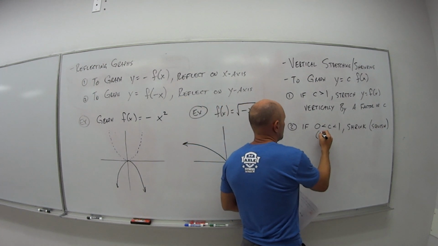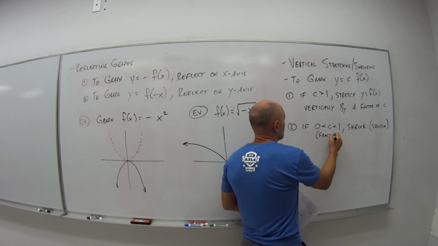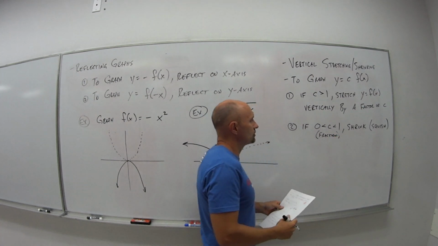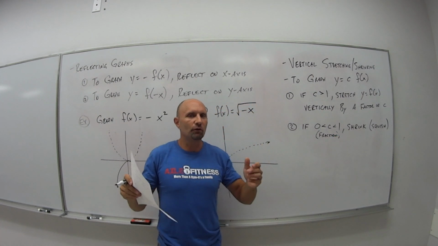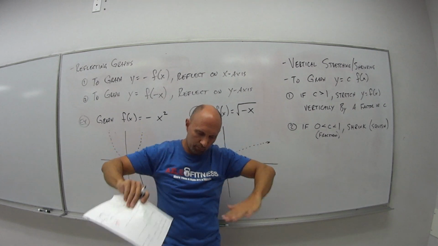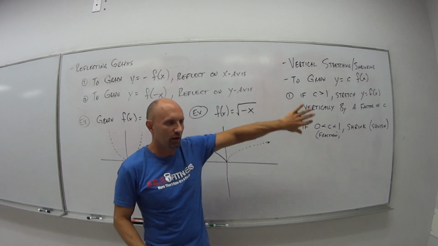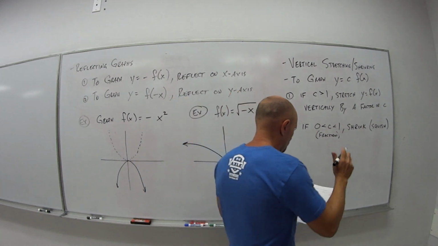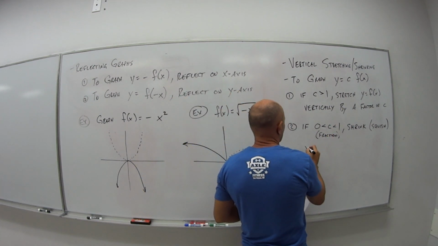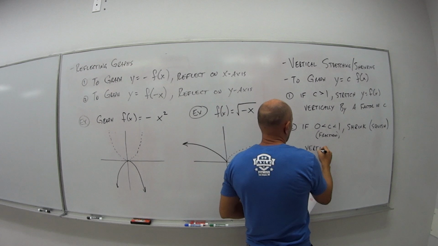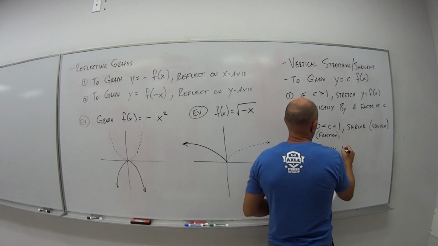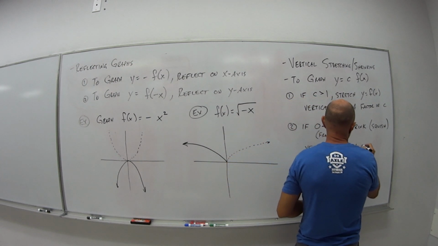That's what this notation means here, basically. So if it's a fraction in front of the function, I shrink it vertically or I squish it vertically. I push the whole thing down. Instead of making it a thin cup, it's like a bowl. So I'm going to shrink it or squish it vertically by a factor of c.